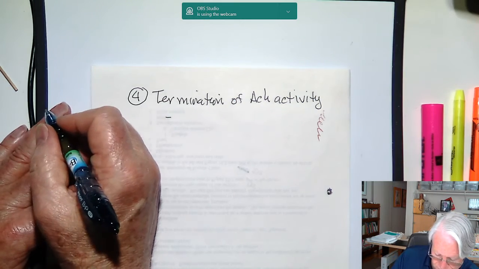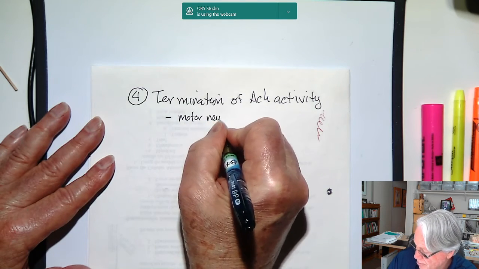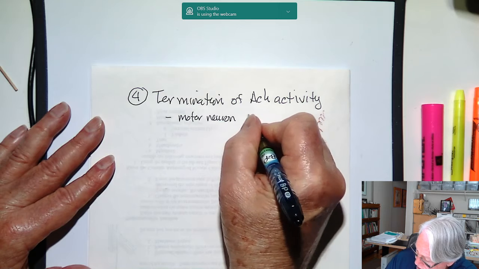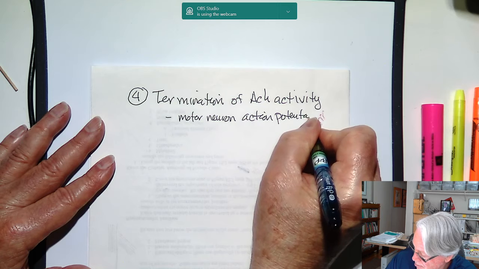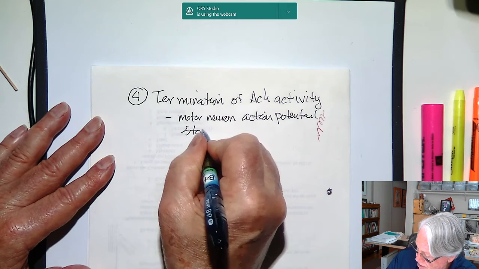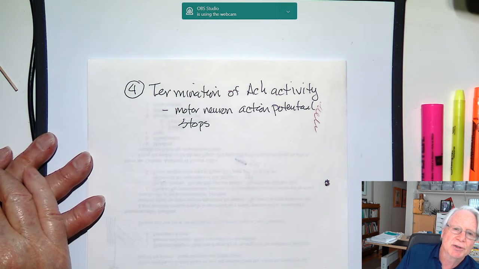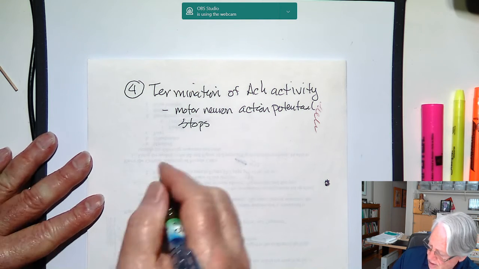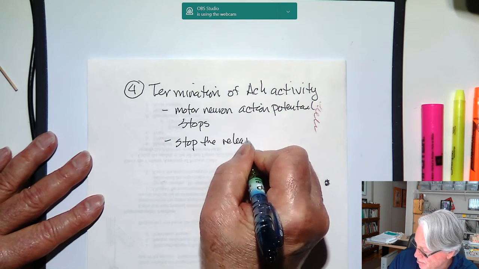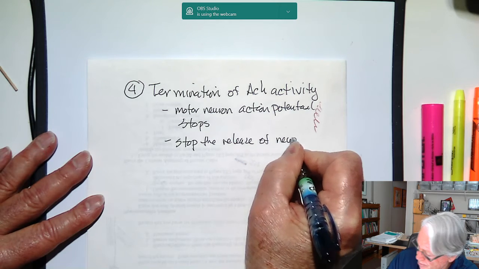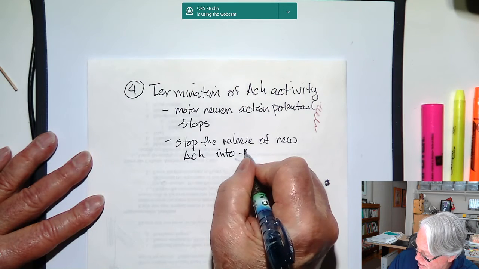So, the motor neuron action potential stops. In other words, we no longer have an action potential being generated in the motor neuron. That is going to stop the release of new acetylcholine into the synaptic cleft.